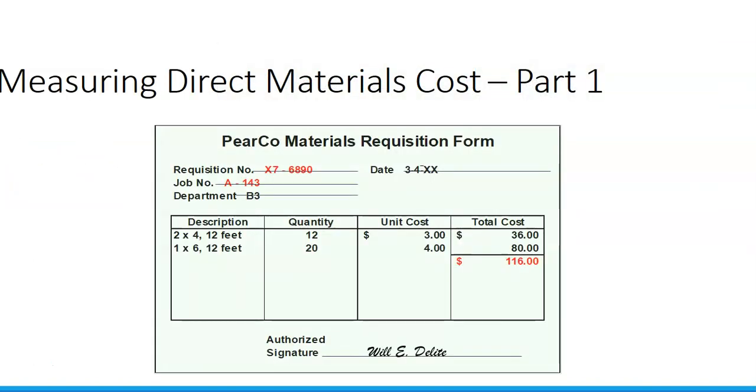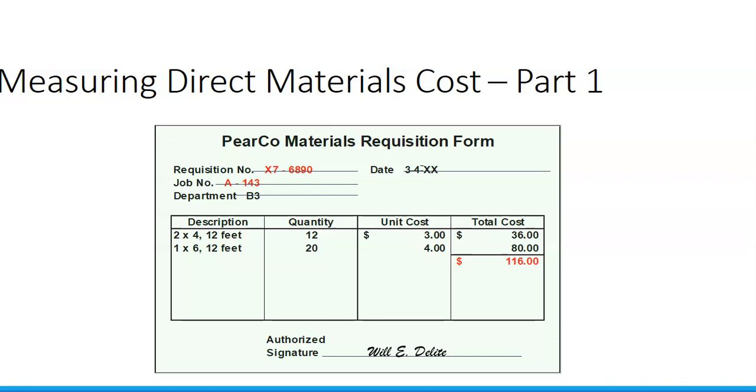So the first thing that we have is direct materials. When we talk about moving direct materials from inventory to work in process, it's called requisitioning direct materials or putting direct materials into production. So we would fill out a materials requisition form requesting materials be moved to a job.